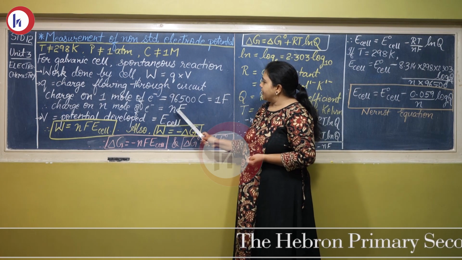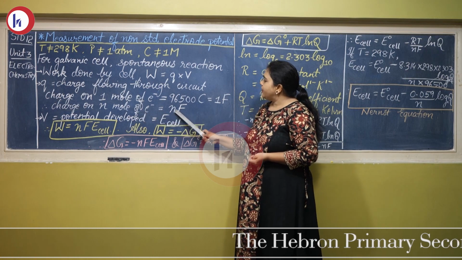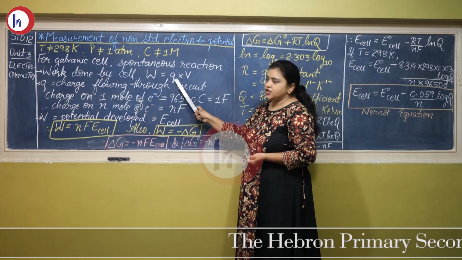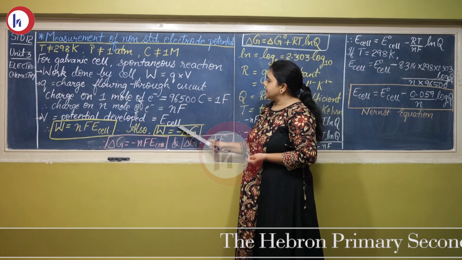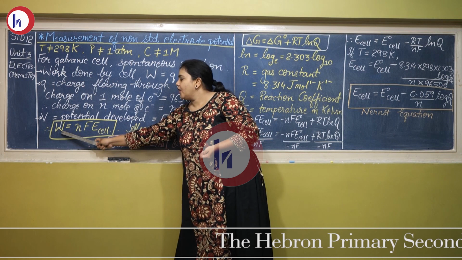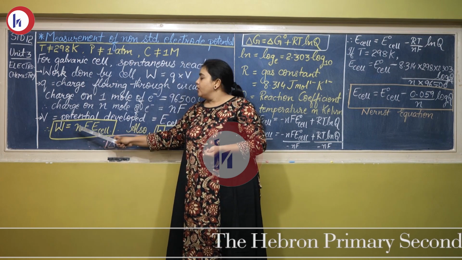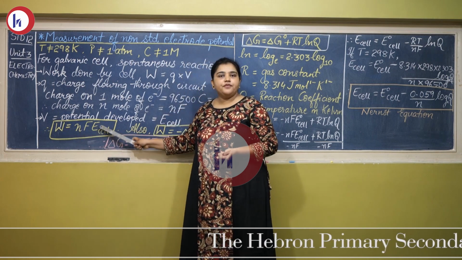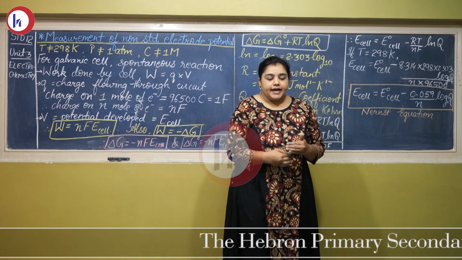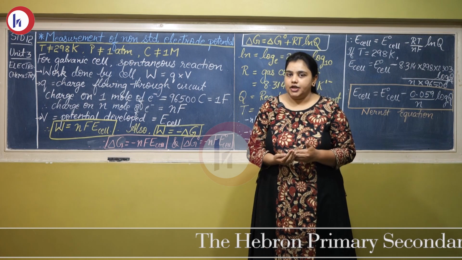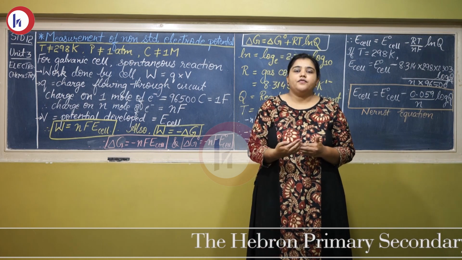So, substituting the charge on n moles of electrons, nF, in place of Q, and the potential developed V as E cell, we get the equation of work done by the galvanic cell, which is equal to nF E cell.